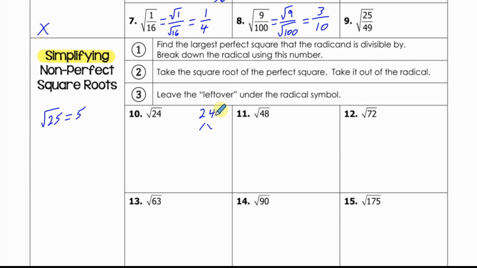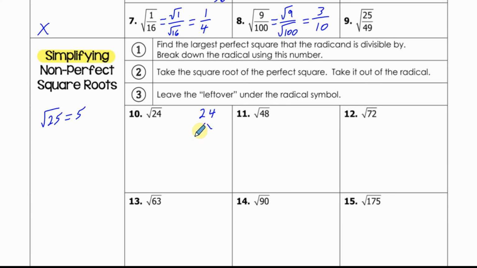So take 24 and think of two numbers you can multiply that makes 24, right? So some of you might be thinking 2 times 12, 4 times 6, 8 times 3. You got to pick one of those, right? You don't use 1 times 24 because then you still got a 24. Then you're like that dog chasing his tail. You're not getting anywhere at all. So we're going to split this up somehow.